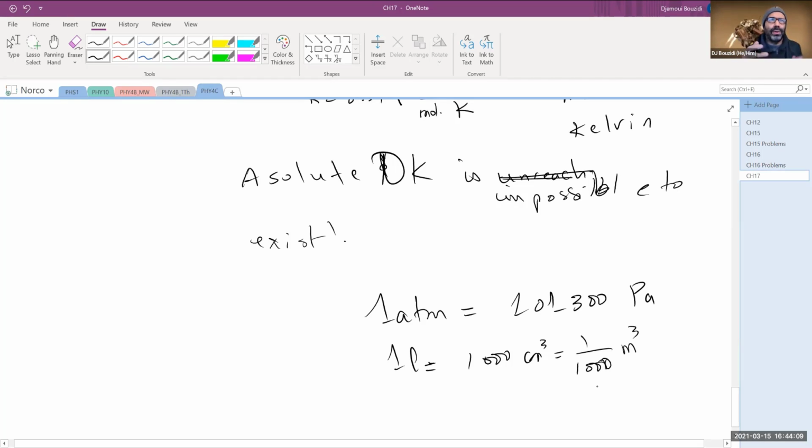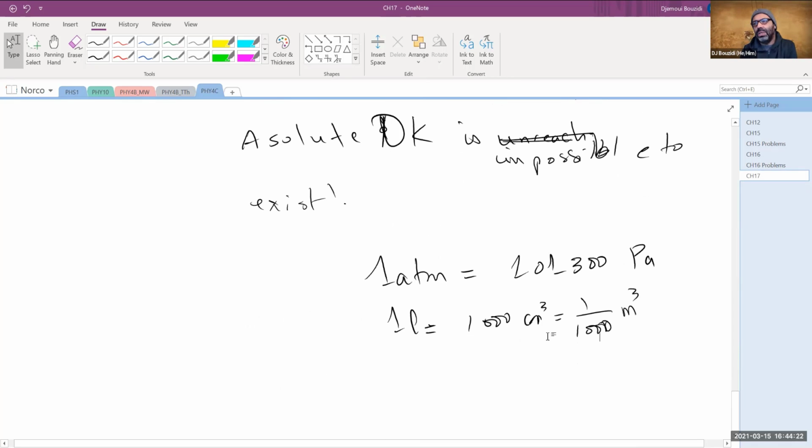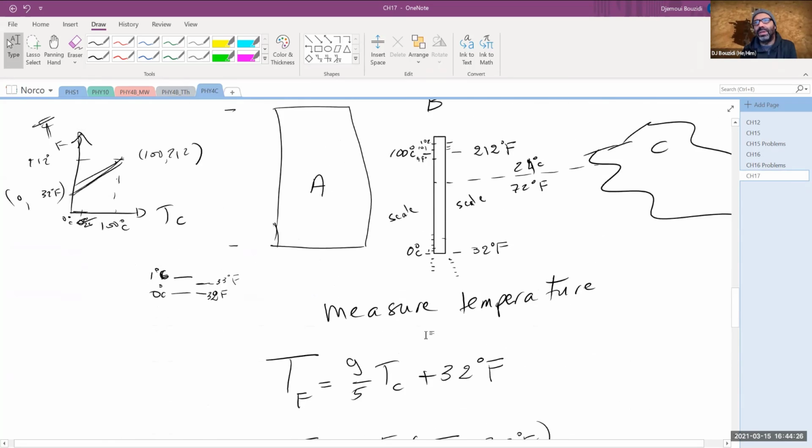Okay, so if you remember these conversions, you're going to be fine. You go back to joules, and the number is 8.314. That is my worry about this number R, the constant. Okay, so this is basically where we were in terms of the thermometer.